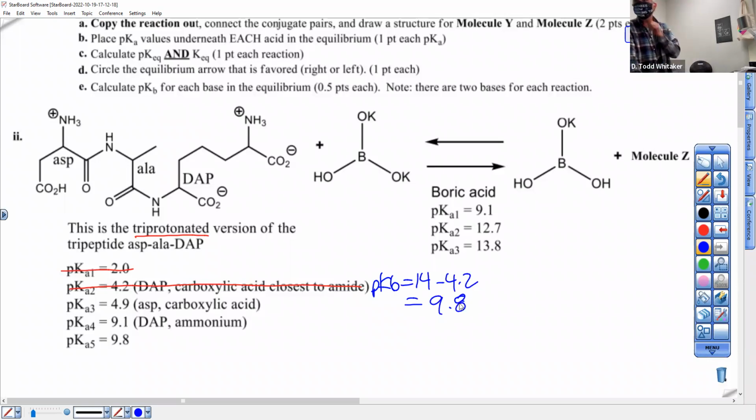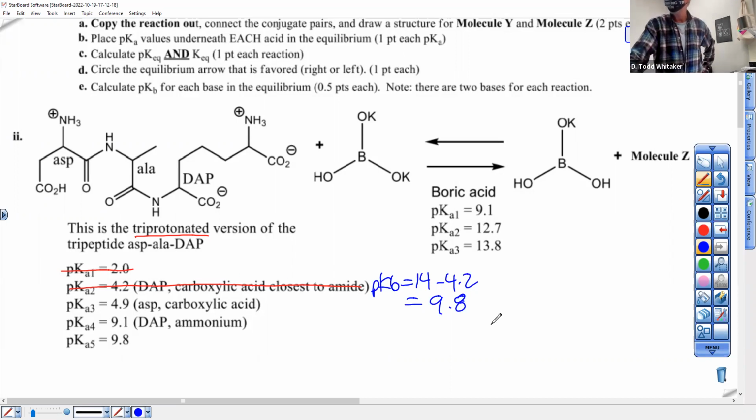If this molecule needs to be a base, you would not make the pKb 12 react before the 9.8, for the same reason you react stronger acids before weaker acids. You react stronger bases before weaker bases. Quiz item, which base is a stronger base? 9.8 or 14 minus 2 equals 12? Lower number means stronger.